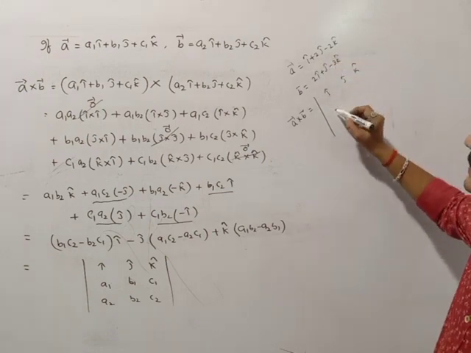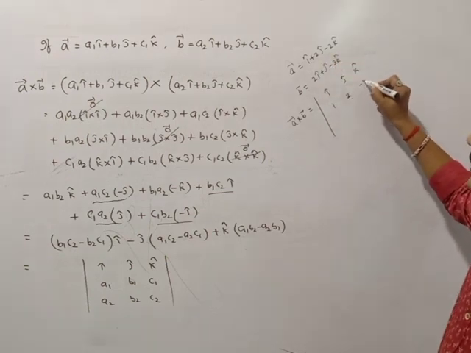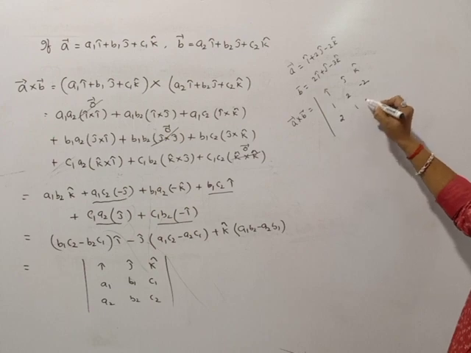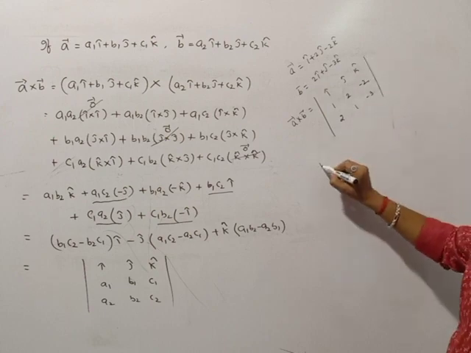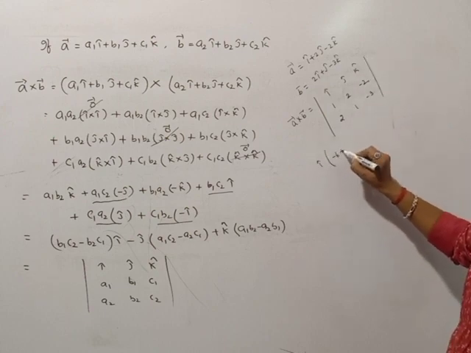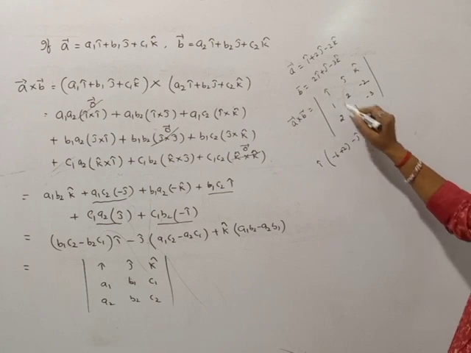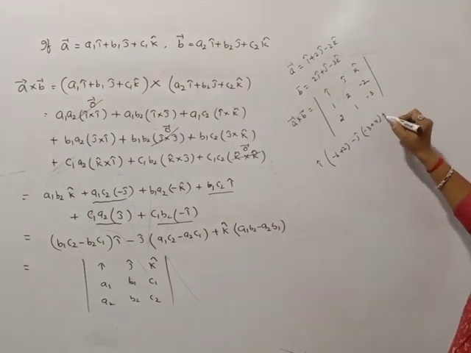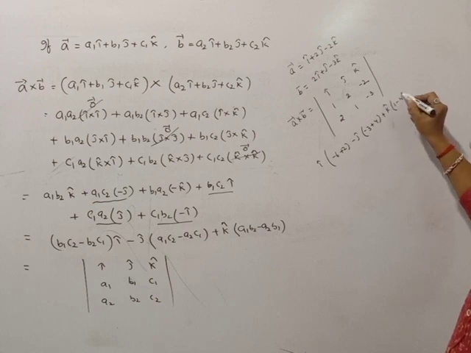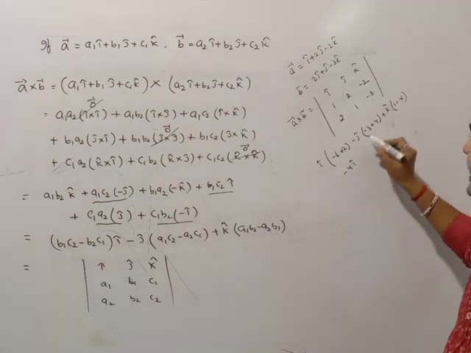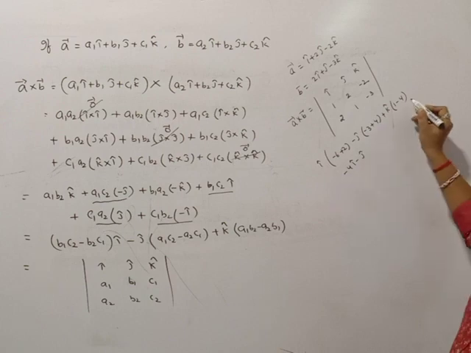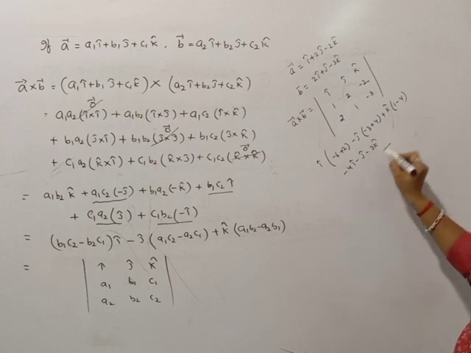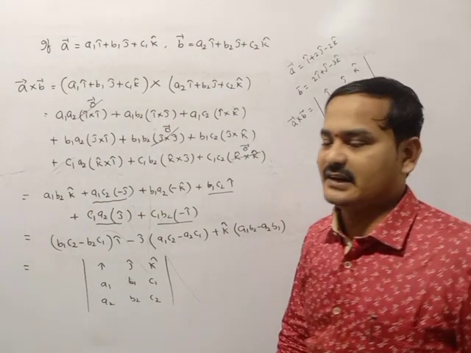Go for the numbers 1, 2, minus 2, 2, 1, minus 3. Go for the determinant: i into minus 6 plus 2, minus j into minus 3 plus 4, plus k into 1 minus 4. That is minus 4i, minus j, minus 3k. Like this you can find the cross product.